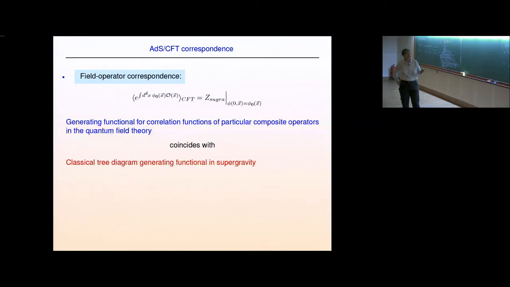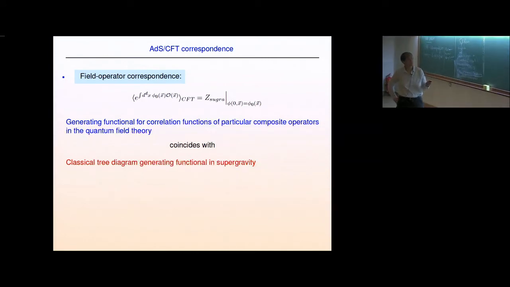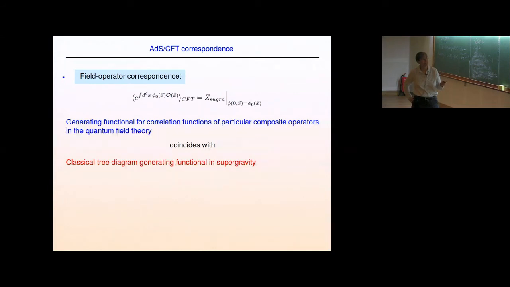Now, the key point is that the fields on the gravity side will be constrained by saying that their boundary value exactly coincides with the sources of these operators. So if I take a functional variation with respect to these sources on both sides, this generates my correlation function, and here I get a tree diagram in the gravity theory.